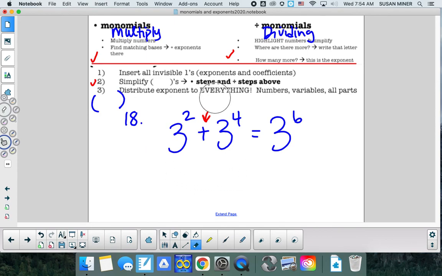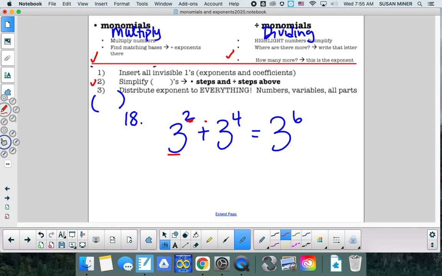And the information that we do have is that an exponent is telling me how many of the base that I have. So I cannot use my rules of multiplying or my rules of dividing or my power rule to solve this problem.